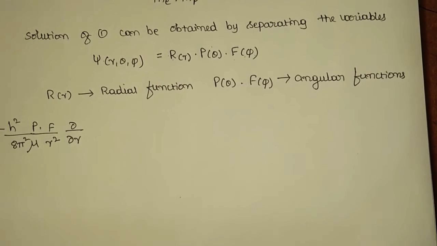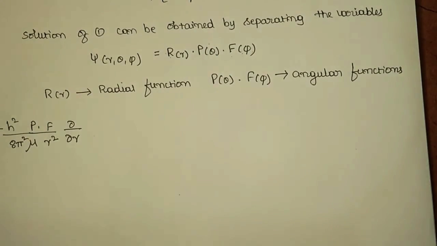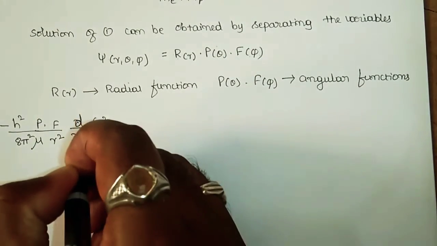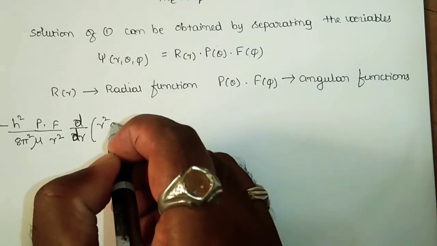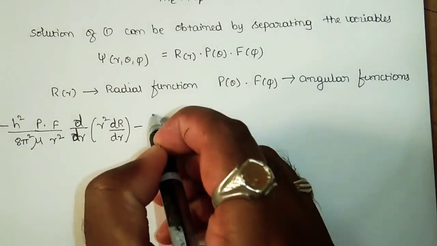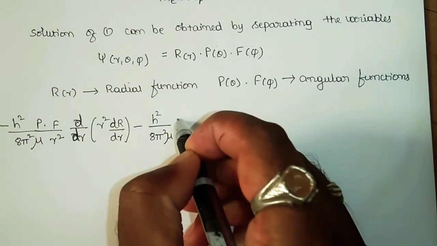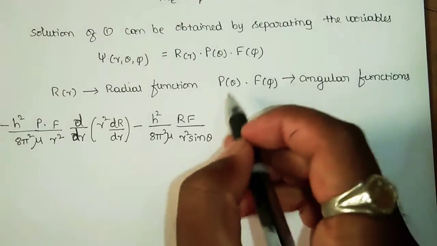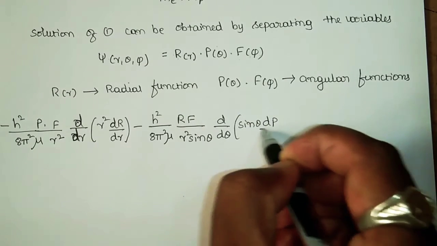So minus h square by 8 pi square mu, p f has been taken out, r square dou by dou r into r square, sorry, the normal differential equation d by dr, r square dr by dr, minus h square by 8 pi square mu, r f by r square sine theta, d by d theta of sine theta of dp by d theta.